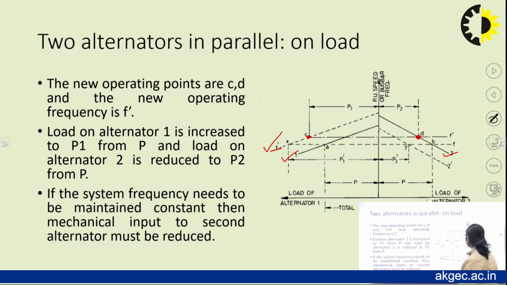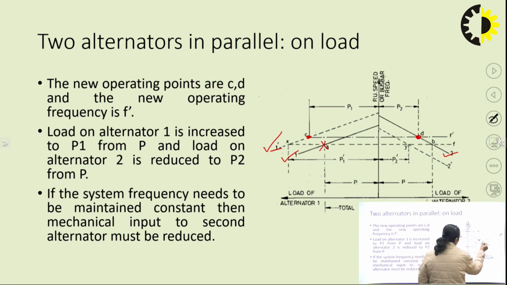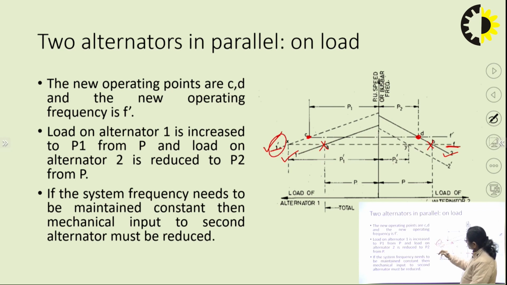Now, let us compare the operating condition earlier and the operating condition now. Earlier, the operating points were point A and point B, and the corresponding operating frequency was f. Now, when mechanical input to the prime mover of alternator 1 is increased, the characteristic curve of prime mover 1 or of alternator 1 shifted in the upward direction.